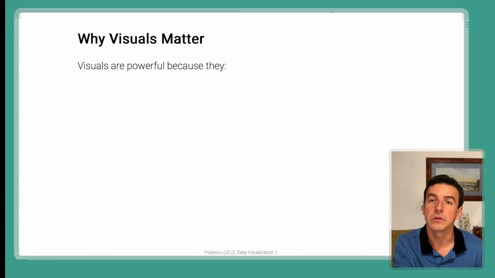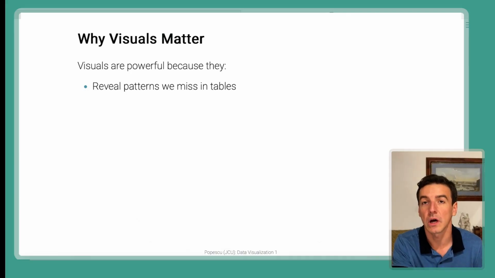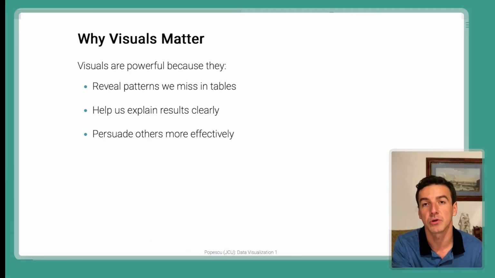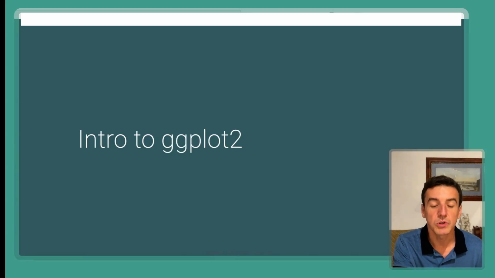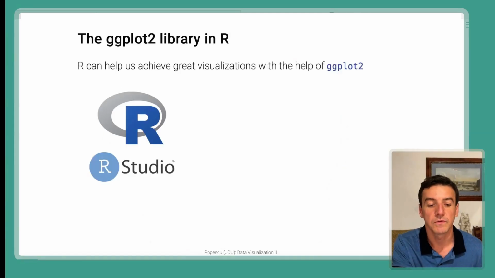It's important to note that visuals are powerful because they reveal patterns. They show things that are not otherwise visible in tables. They also help us explain results clearly. They're also more persuasive. It's clear that the bar plots are doing a much better job at showing what the top 5 countries are when it comes to life expectancy. ggplot is the main package in R that allows us to produce good visuals.